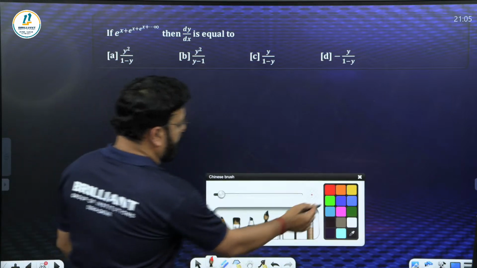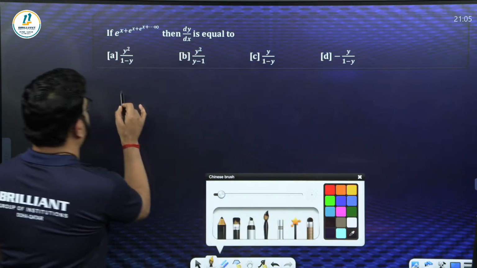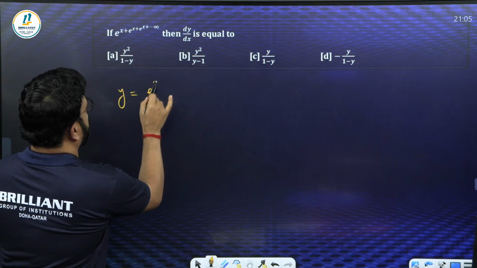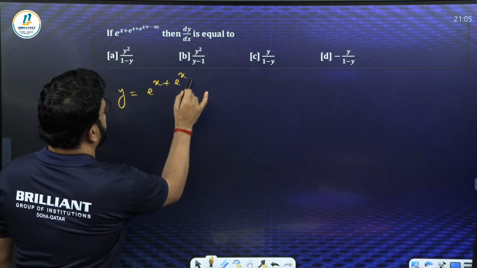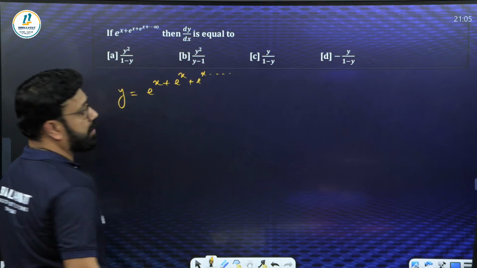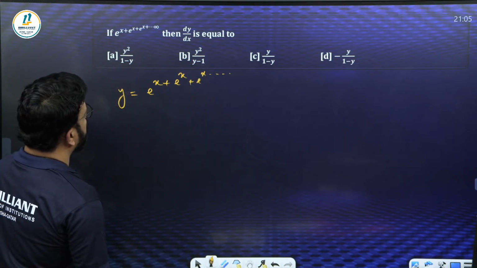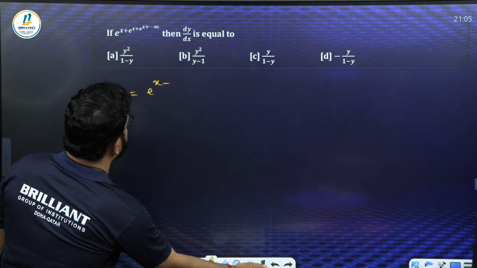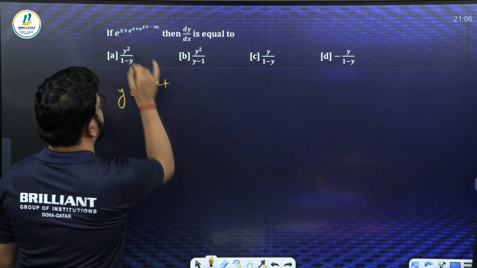Variety of questions are there. Let y equal e raised to x plus e raised to x plus e raised to x plus, and so on to infinity. I am not writing that much because that is in the question.